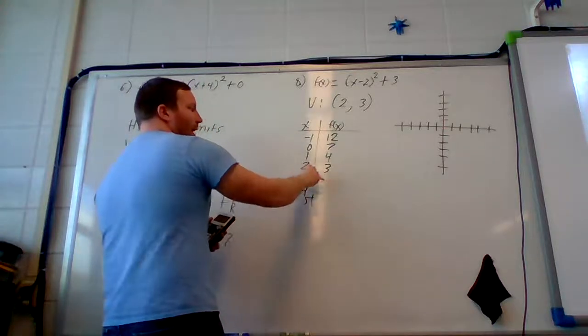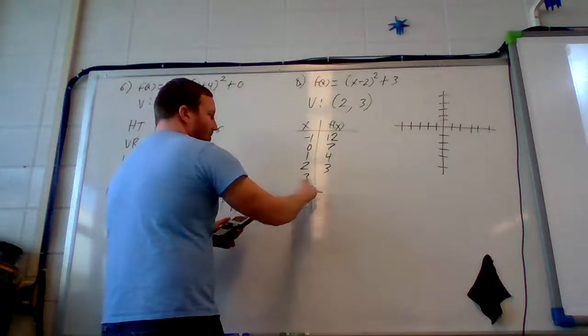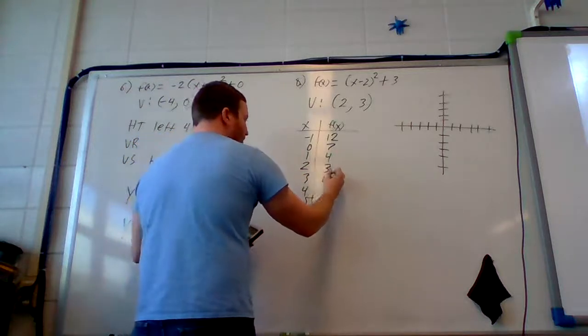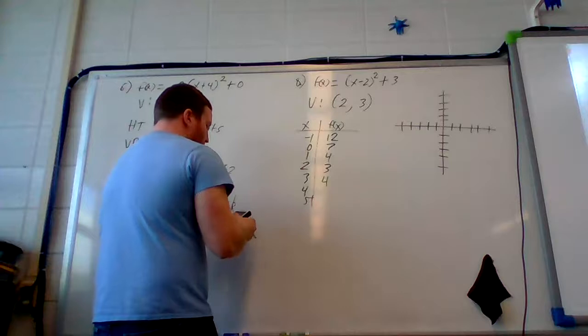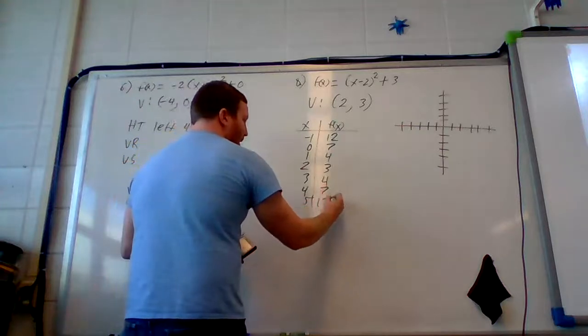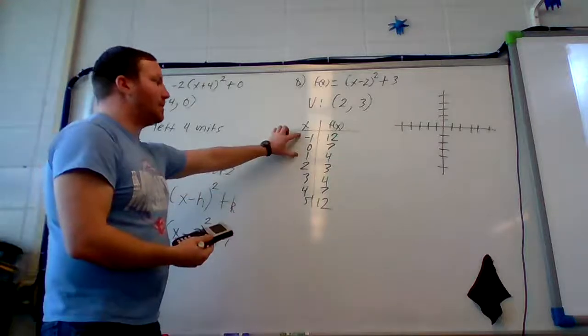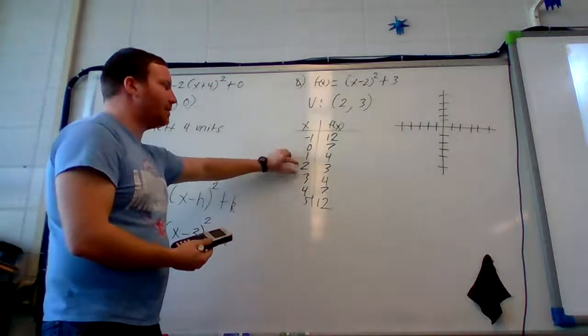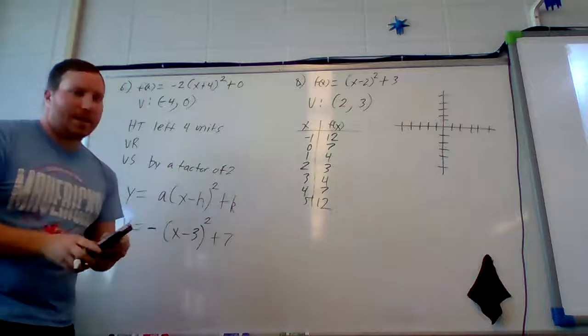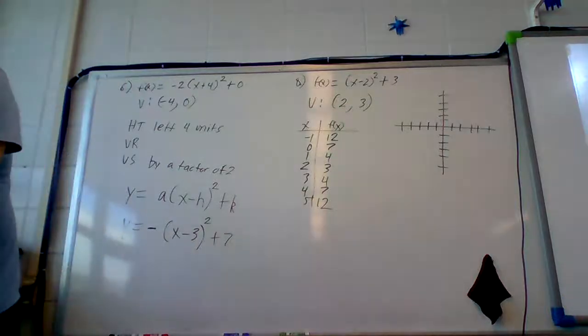Because we have that axis of symmetry on our vertex. So at 3, I'm also at 4. Then I'm at 7 and 12. And our calculator verifies that, right? The left side and the right side are going to be identical because of that axis of symmetry.